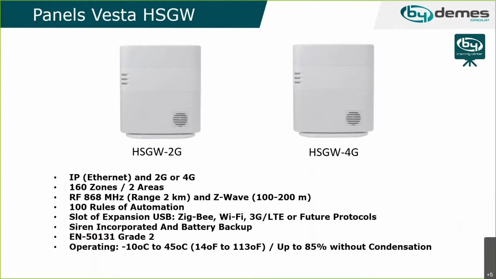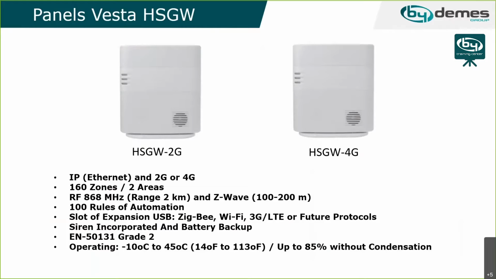All the panels also have 160 zones, or elements that we can enroll on the panel. We can put some light bulbs. We can put detectors for security purposes and also for domotic purposes. We can put some relays.